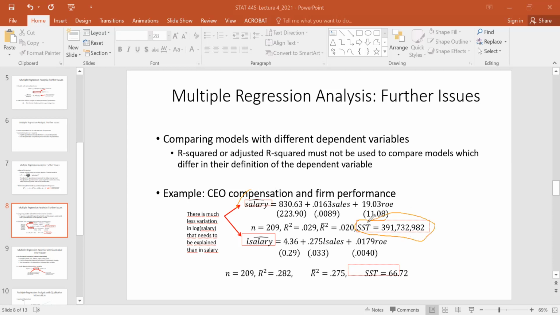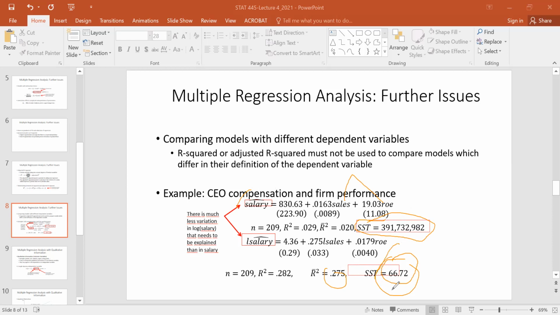Now, salary has a lot of variation in it. The total sum of squares is 391 million, making it difficult for just these two variables to explain more of the variation in salary. But log salary has a very tiny variation. The sum of squares is what? 66.72. So it is easy to punch into this sum of squares and explain up to 27%.